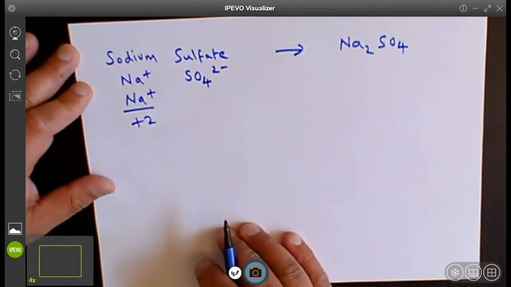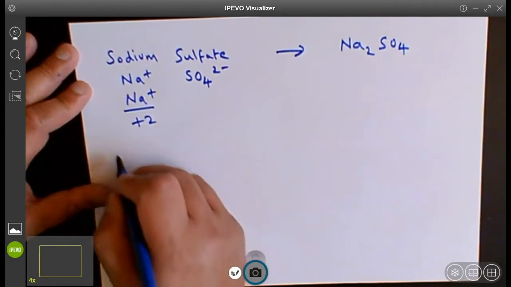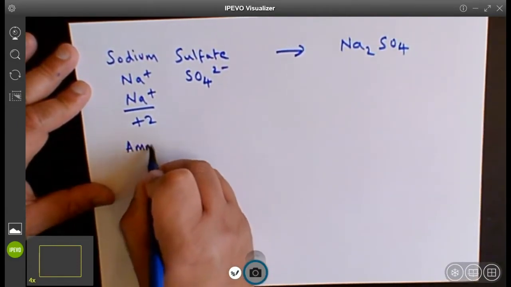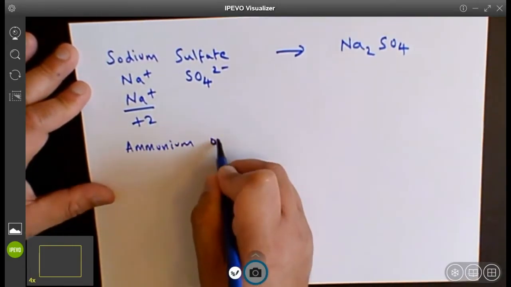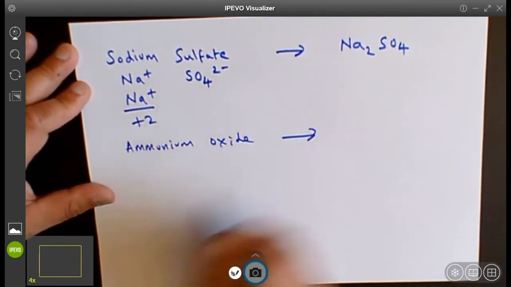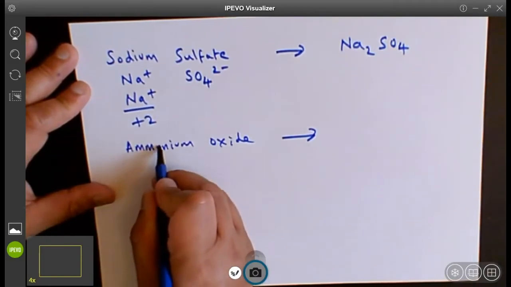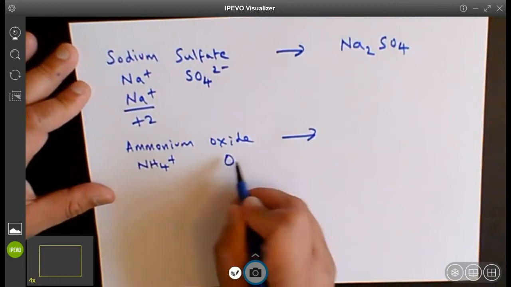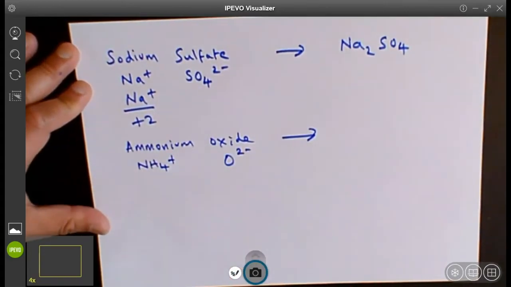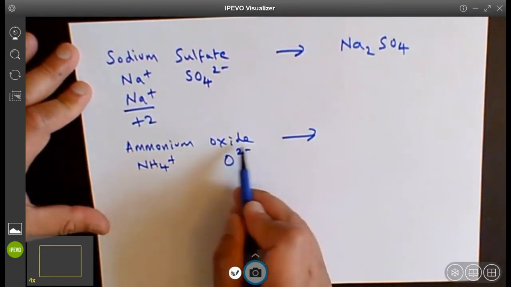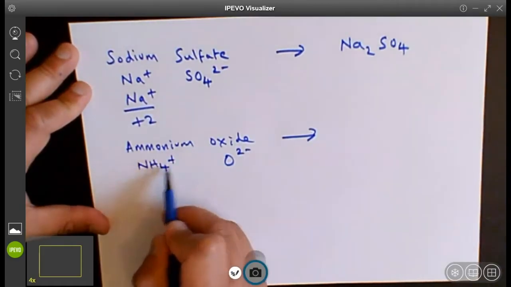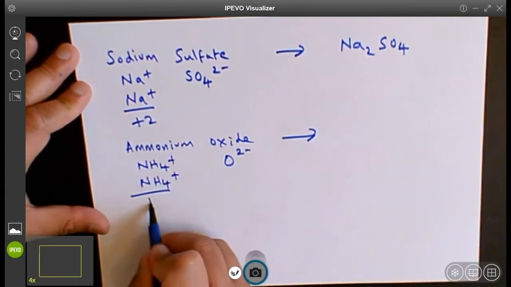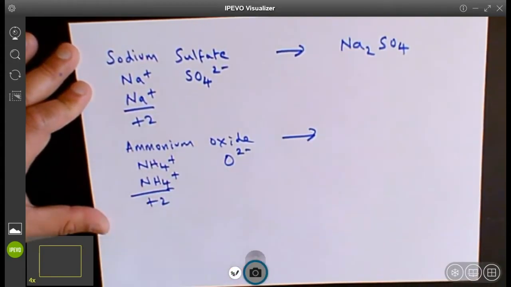Let's go for something now, like say, let's go for ammonium oxide. So if I go ammonium oxide. Okay, you all know ammonium is one you've got to remember is NH4+, oxide is O2-. So we need to think, we've got a 2- charge here and a plus charge here, so I need another NH4+, another ammonium ion to give me overall +2 to balance that 2-.